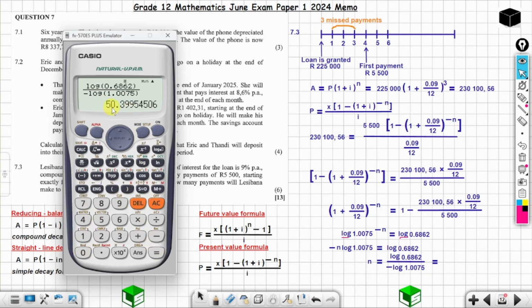You have to round up. So you are going to have 51 payments. Okay, 51 payments.